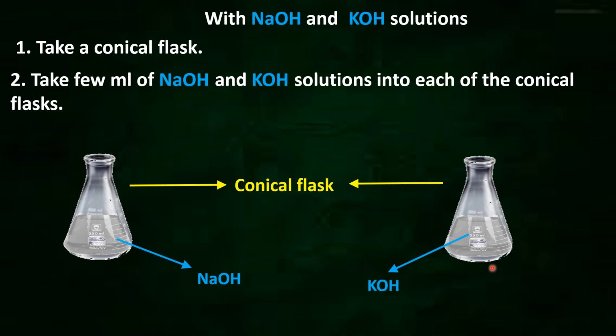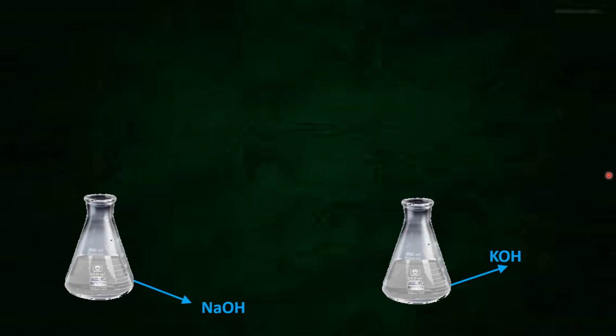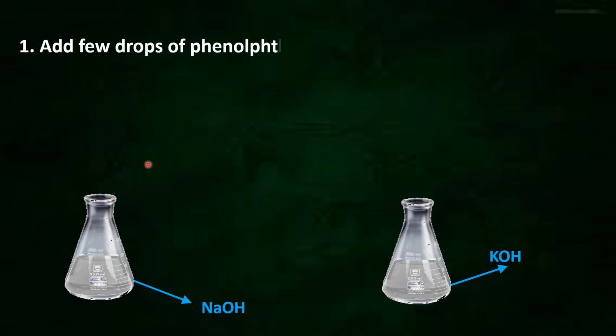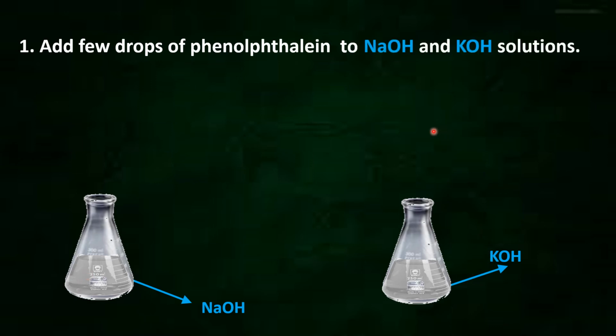Right, now we'll test these solutions with the indicators. First of all, let us test these two solutions with phenolphthalein indicator. So we'll add few drops of phenolphthalein indicator to the sodium hydroxide solution as well as the potassium hydroxide solution. Okay.